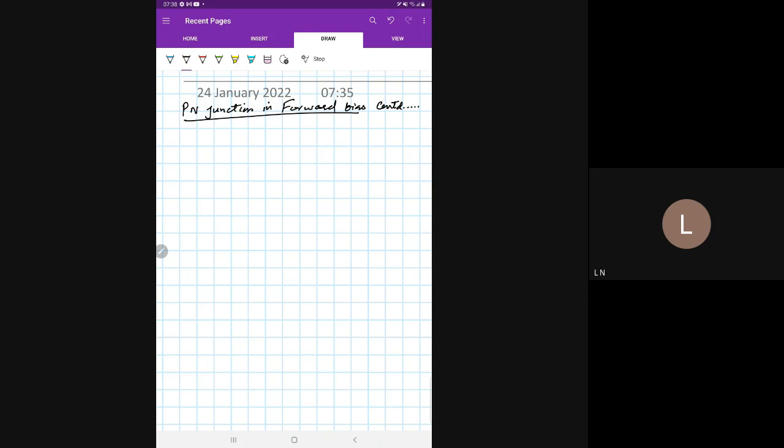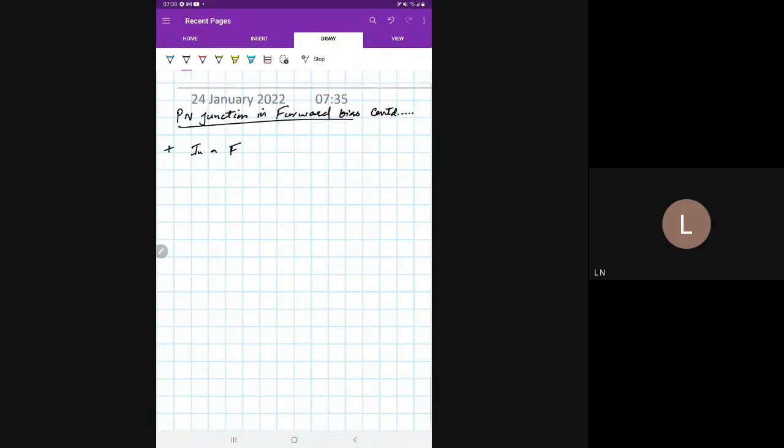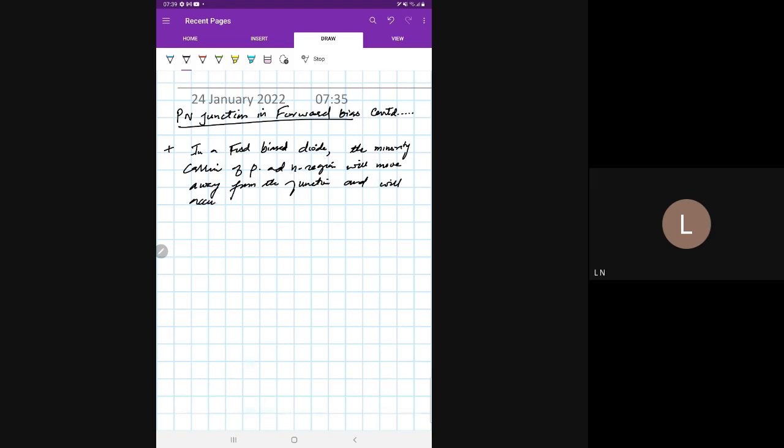We had already discussed that in a forward biased diode, the minority carriers of P and N region will move away from the junction, and will accumulate and store in the device.